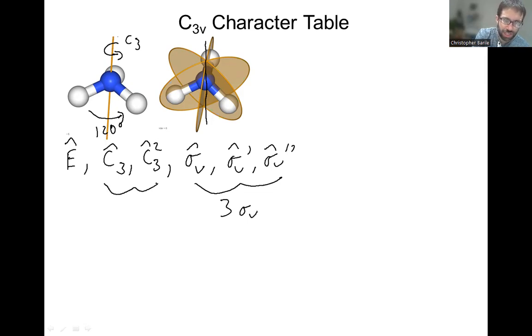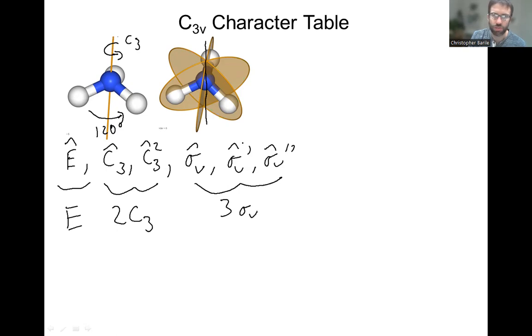And then a very similar idea here with the 2 rotations. They're both rotations, they do similar things geometrically, and so we're going to call this class 2C3. There's 2 different rotations in it. And lastly, we have the identity class. Identity is always mathematically unique. It'll always form its own class. Same thing with inversion.